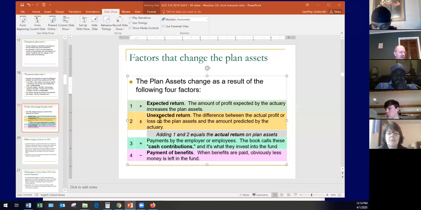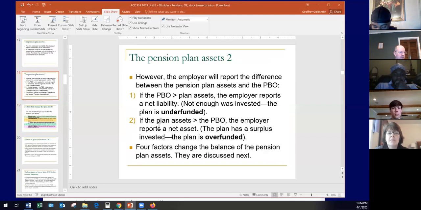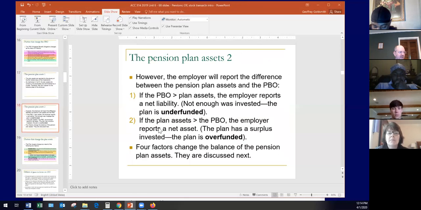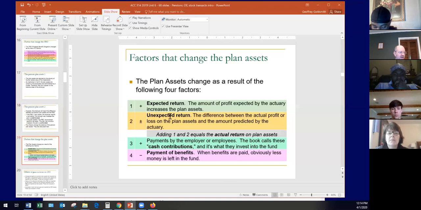And so they don't want to have the plan assets, actually, the thing that we don't want is for the liability to have to increase because of temporary fluctuations in the stock market.